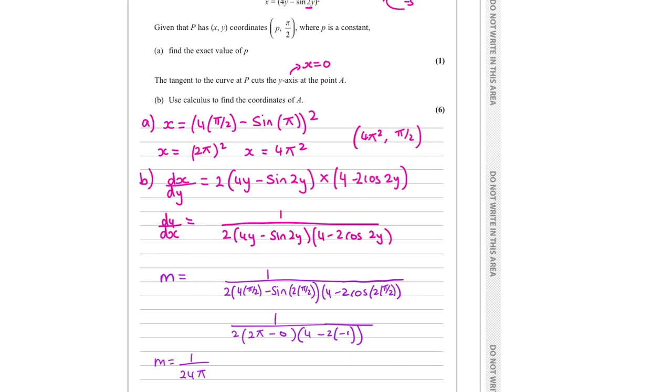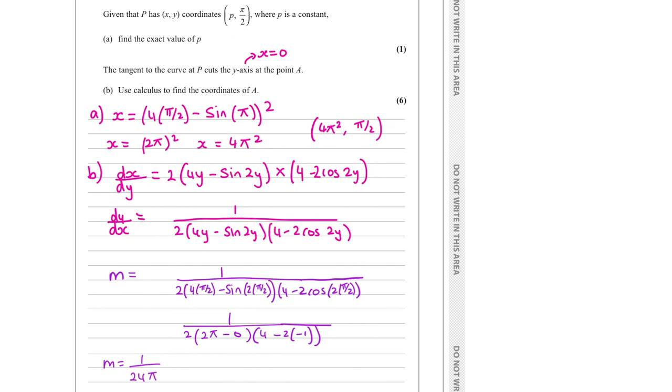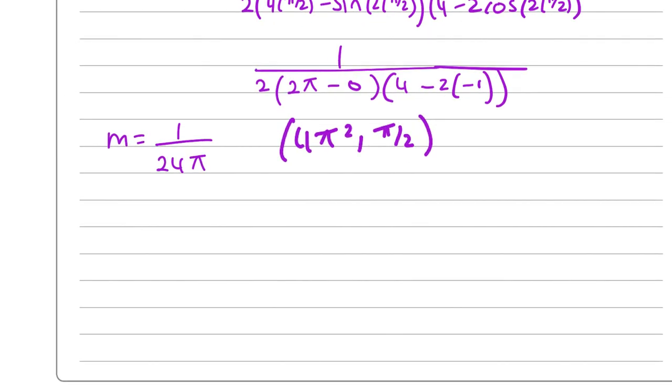Okay, so I have my gradient of the tangent to the curve at P, and I have my coordinates 4 pi squared and pi over 2. This is of P. So the tangent to the curve at P cuts the y-axis at the point A. The first thing I'm going to do is work out y equals mx plus c.